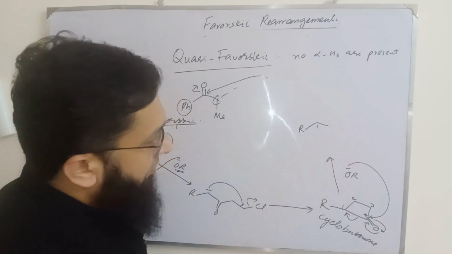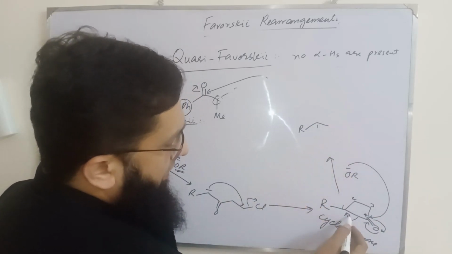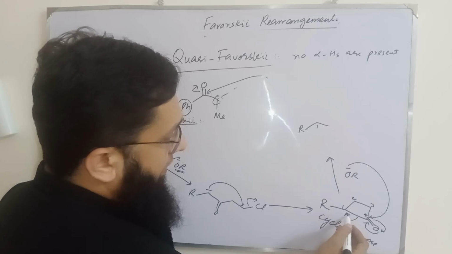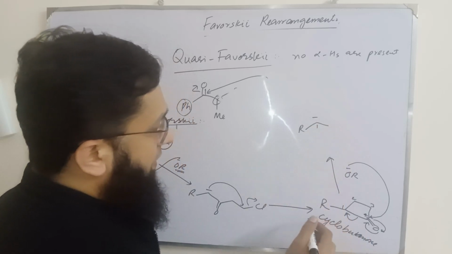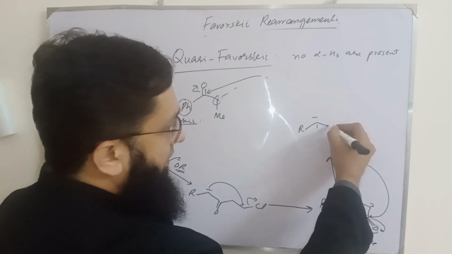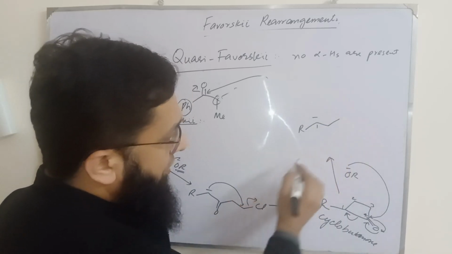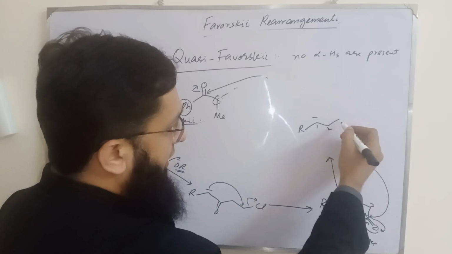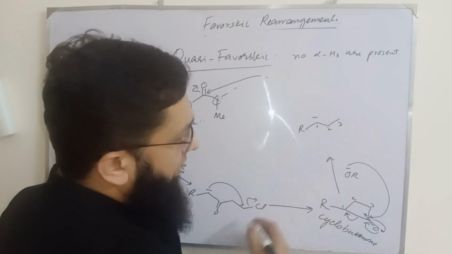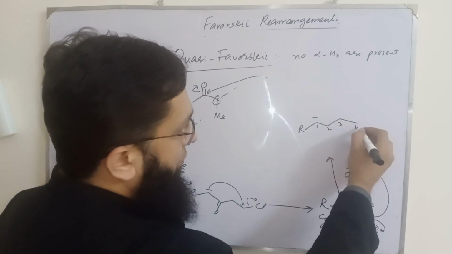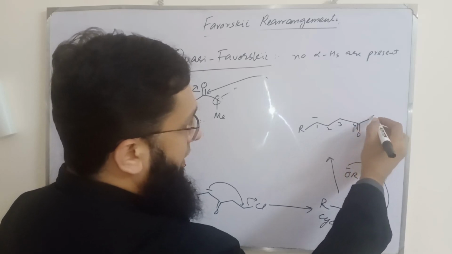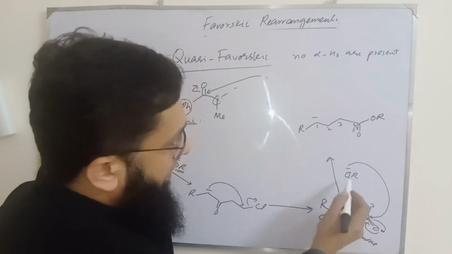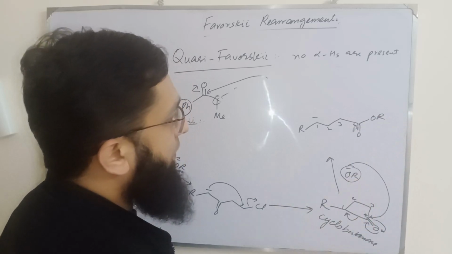R is attached to carbon 1 and is also getting a negative charge because the arrowhead is towards carbon 1. 1 is attached to 2, 2 is attached to 3, and 3 is attached to 4 with a carbonyl group, and it has the OR group as well.